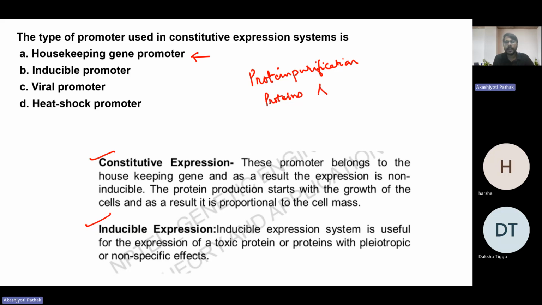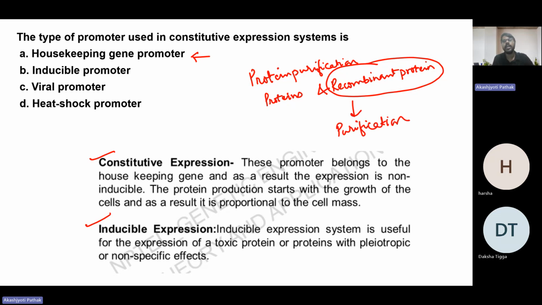And when you add IPTG, you will have your recombinant protein as well. You only want this recombinant protein. You do not want all the other proteins the bacteria has expressed. That is why you have to go for different chromatographic purification methods, which we will see in lecture number 7.